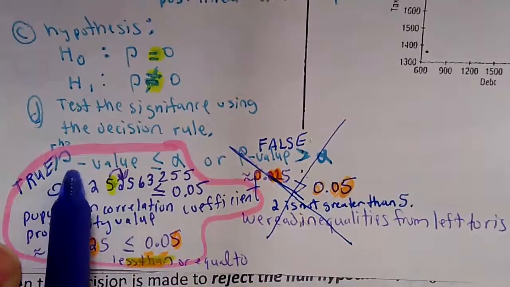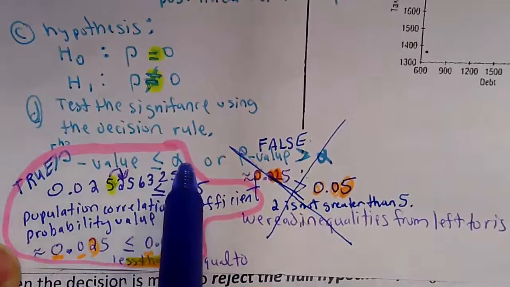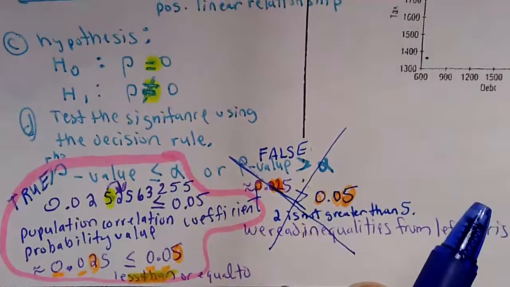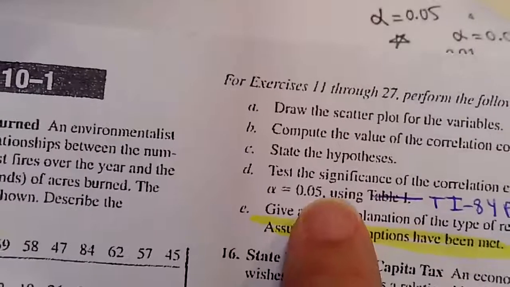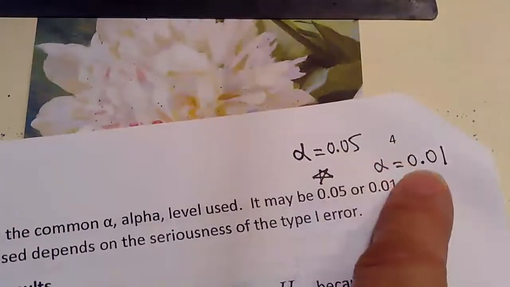See, you need a probability value, a p-value, you need an alpha level, and they're always going to be changing up the alpha levels. It won't always be the same. In this problem our alpha level is 0.05, but remember what I said in the literature, that they can change it to 0.05 or 0.01.